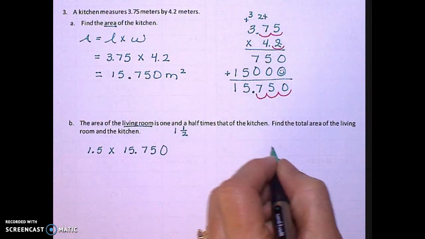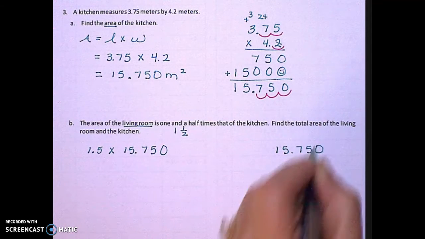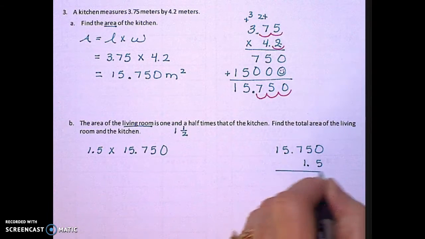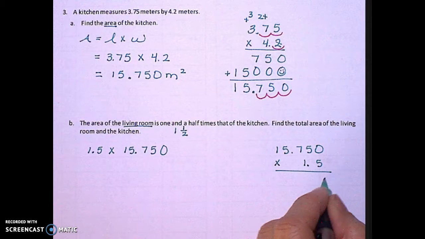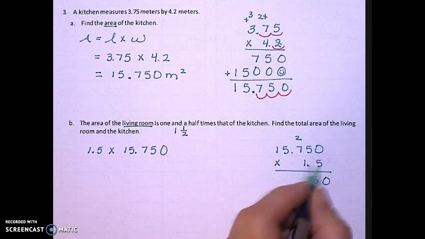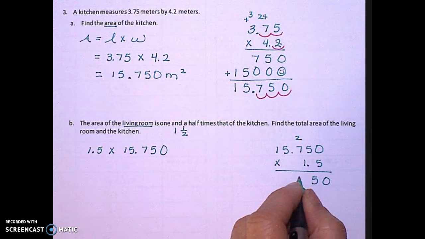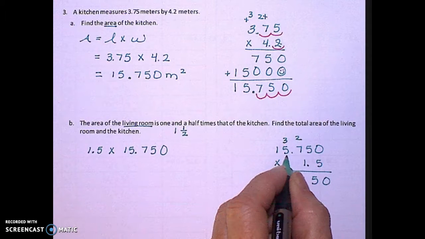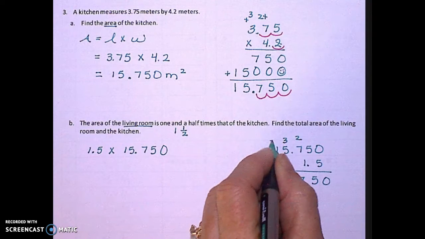So I'm going to come over here to the side. Lining up my numbers on the right side. Go ahead and multiply, so we have a 0. 5 times 5 is 25. 5 times 7 is 35 plus 2, 37, good. 5 times 5 is 25 plus 3, which is 28.